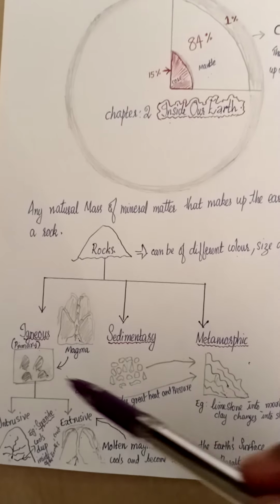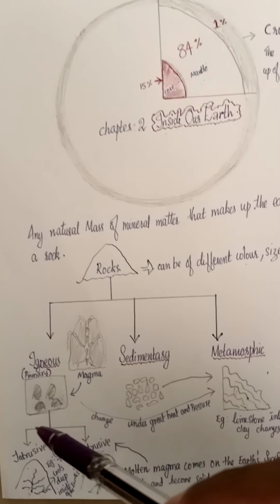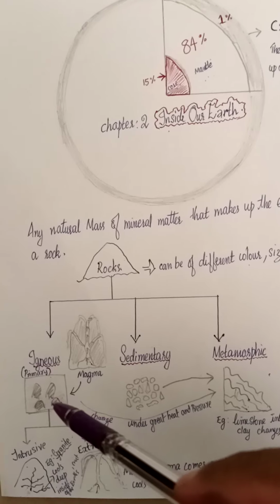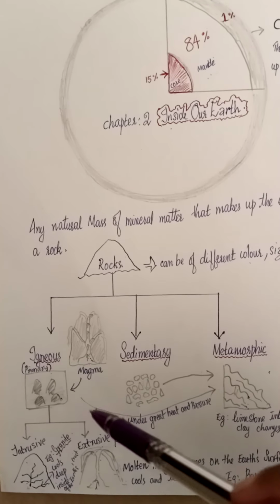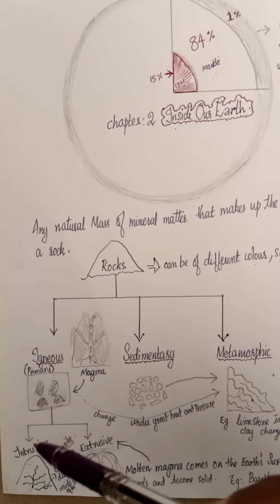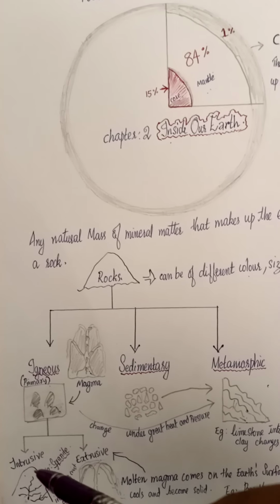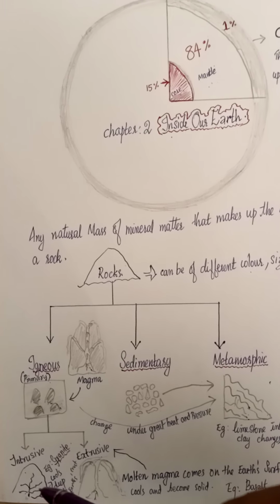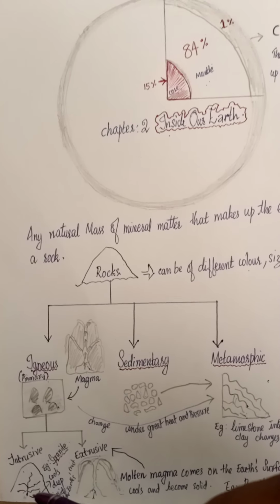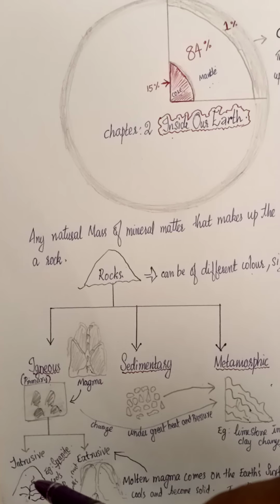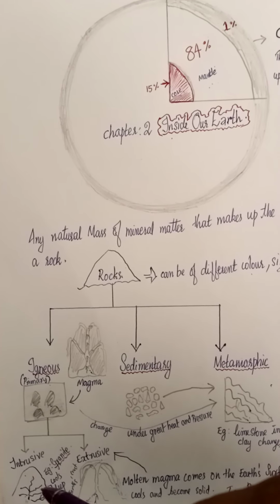Next, igneous rocks are of two types: intrusive and extrusive rocks. Intrusive rocks are formed when the molten magma cools deep inside the earth itself.